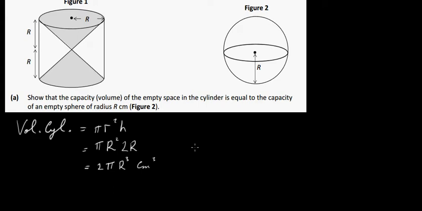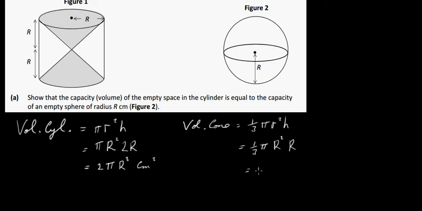So let's find the volume of our two cones then. Well, the volume of a cone is equal to a third the volume of a cylinder actually, so it's 1/3 pi r squared h. So in our case we've got 1/3, we've got pi. In our case our r here is large r, which we square, and then we've got our h here. The height of one of these cones is r, so it's just going to be r here.